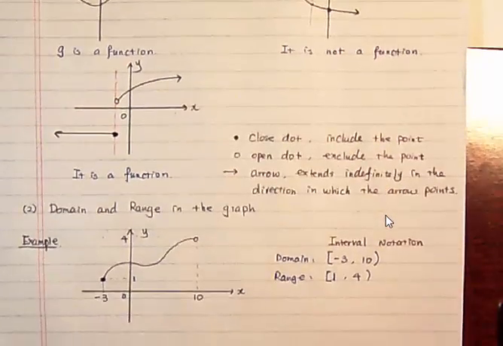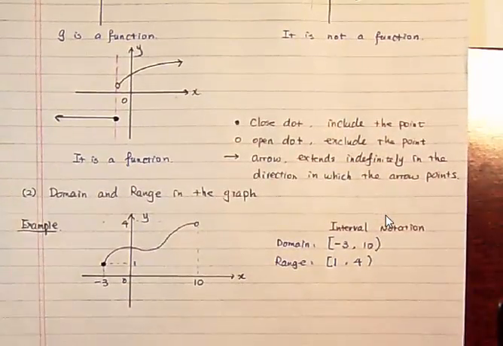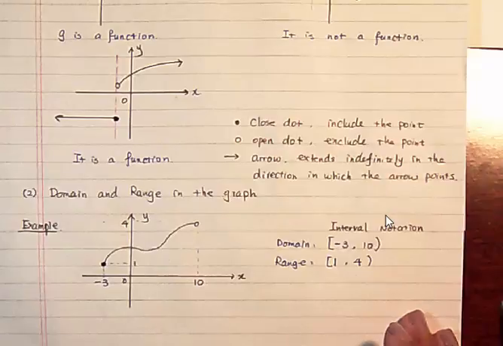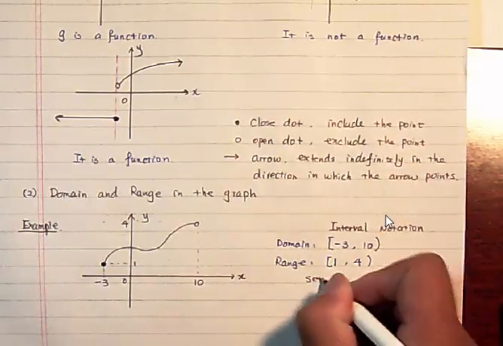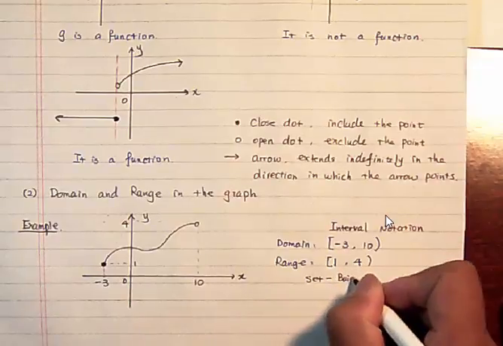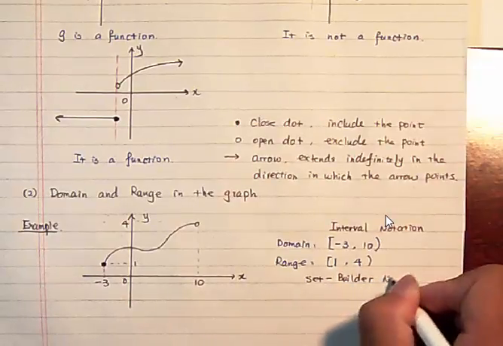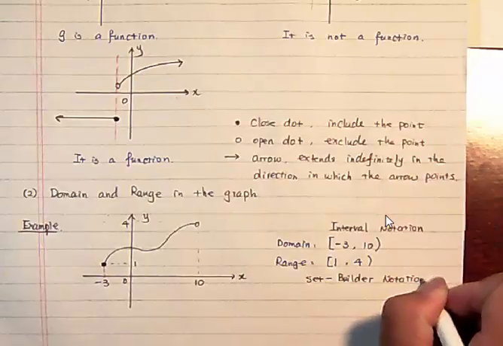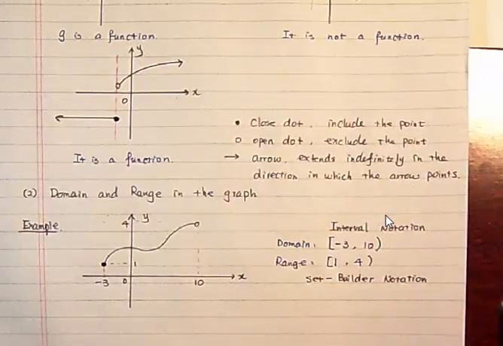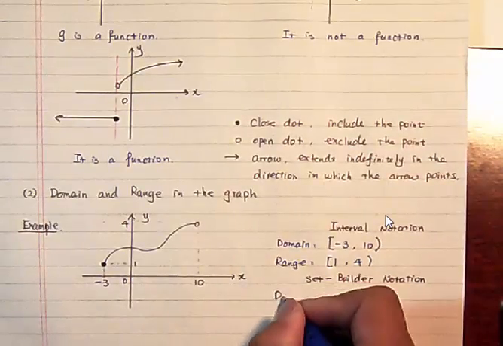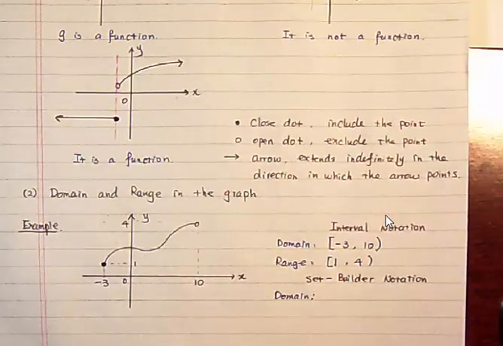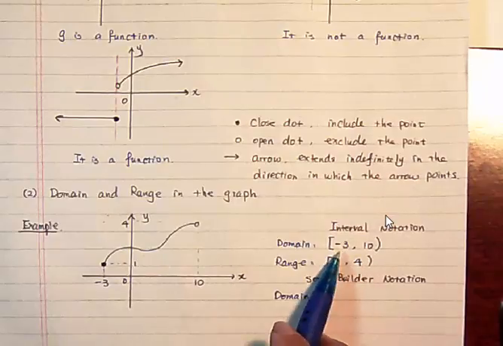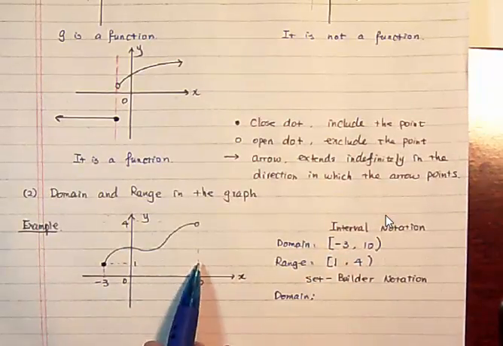But this is not the only way to indicate a set, or the domain and range. We can also use set builder notation. I'm going to use the same example. First, in the domain, we know that it is between -3 and 10, right? So how can we write a set notation? Think about this number: X is greater than or equal to -3 and less than 10.